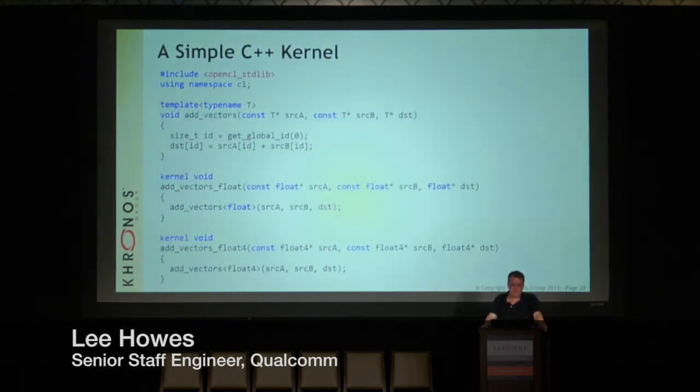So a simple OpenCL C++ kernel might look something like this, and this is really what you'd expect. You can template things, you can pass pointers around that are templated. In this case, we're calling the same function templated on 2 different types so that it can be compiled efficiently for both forms.